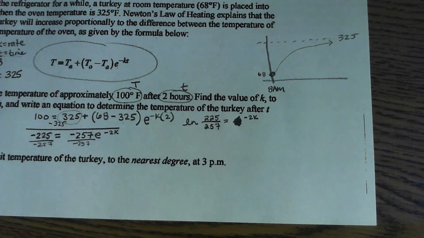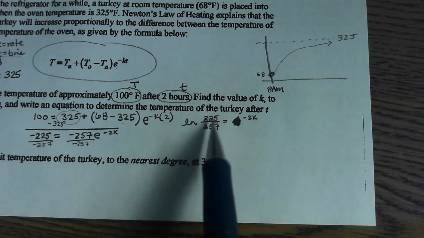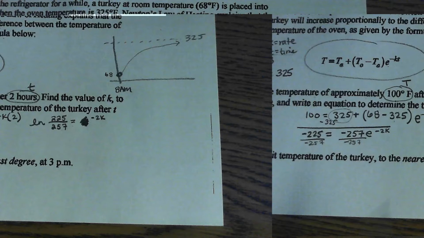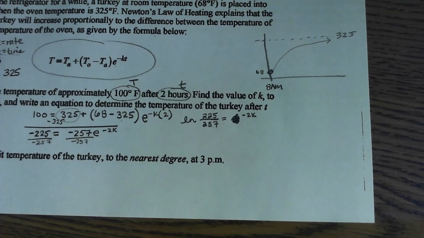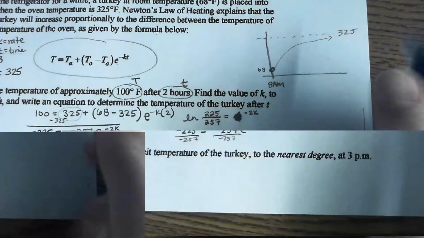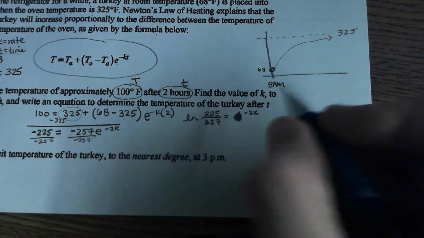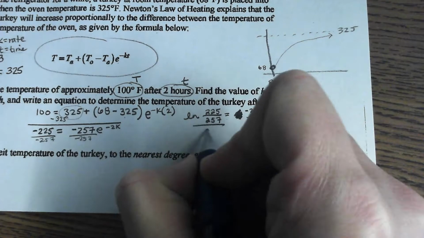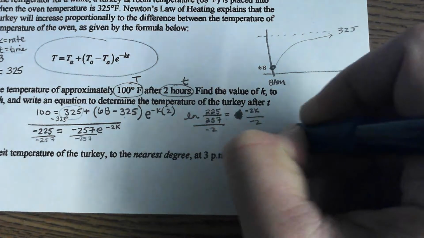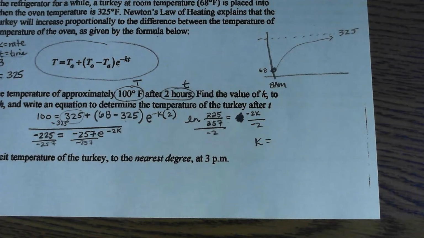K, and what's still with the K that I have to get rid of? How do I get rid of the negative 2? If the natural log of this equals negative 2k, how do I get K all by itself? Divide by negative 2. Technically, it's already out of the exponent, right? So divide by negative 2, divide by negative 2. So K equals, and it says to round to the nearest thousandth.